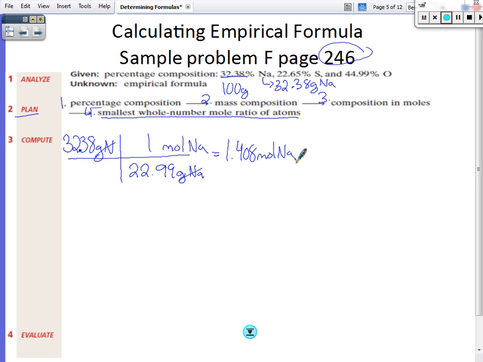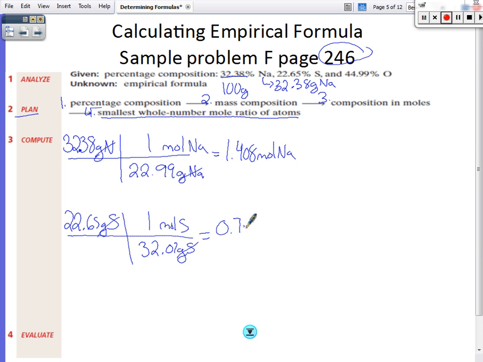If you want to press pause and try it yourself to make sure you can do it, good idea. 22.65 grams sulfur. Okay, 1 mole sulfur gives me 32.07 grams sulfur. Cancel out my grams, do my division, and I end up with 0.7063 moles sulfur.